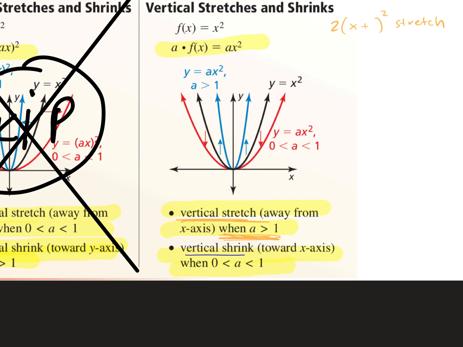And I have a vertical shrink when a is between 0 and 1. So if I had something like 1/2 times (x plus a number) squared, that would be a shrink. If your number is smaller than 1, you're shrinking. If the number is bigger than 1, you're stretching.